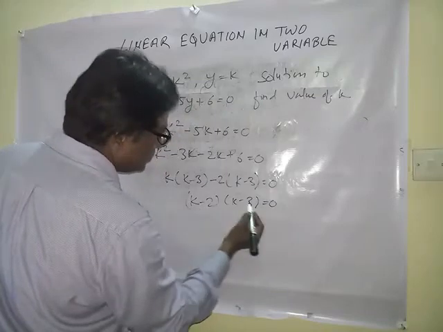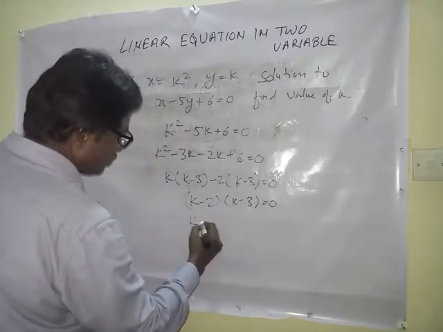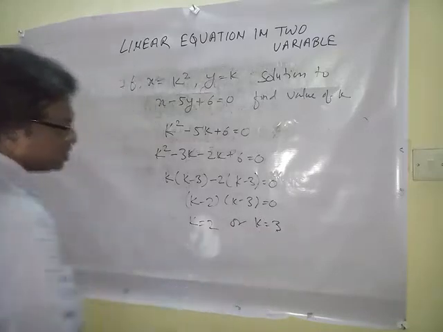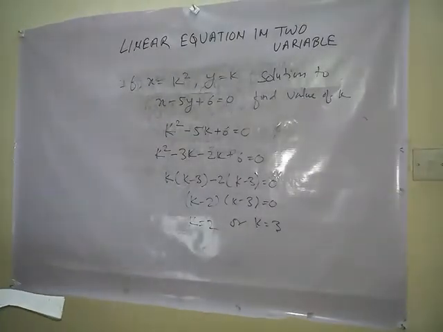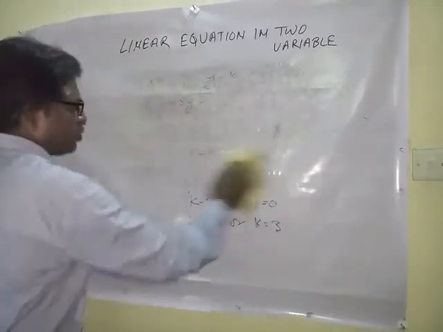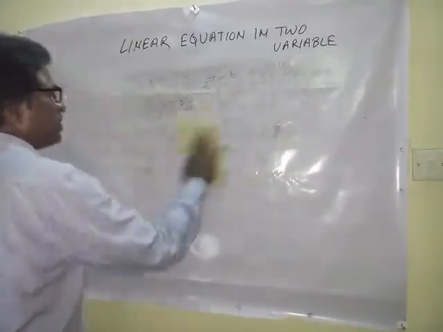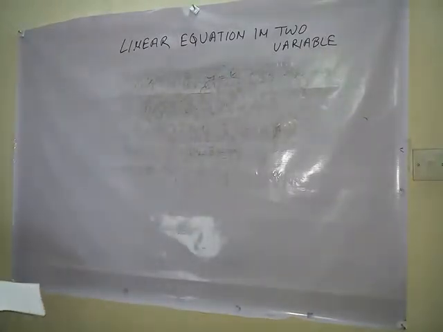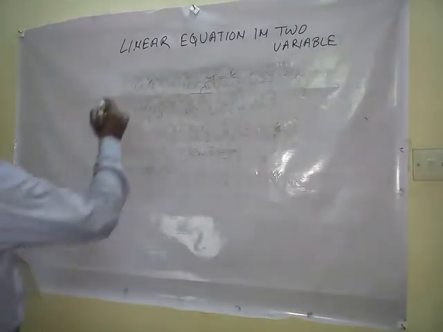So either this will be 0 or this will be 0. So k is equal to 2 or k is equal to 3. So that is what you have to find out. Look, if you are aware of the basic concept, then the rest of the things are very simple and are almost just a twisting of the words.